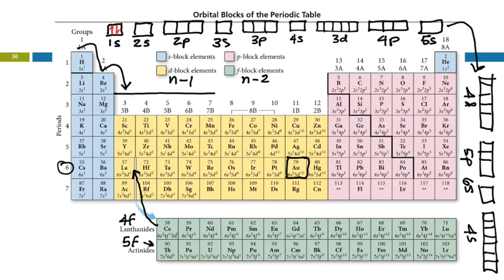If we wanted to write an electron configuration for gold, we can do this by just starting at the beginning and going through the periodic table until we get to this. We can also look at the noble gas configuration, which is going to be much quicker. To do that, we're just going to find the element we're interested in. We're going to go up one row and go all the way to the end. The previous noble gas is xenon. So for gold, we would put xenon in brackets, and then we would look at what's after xenon.